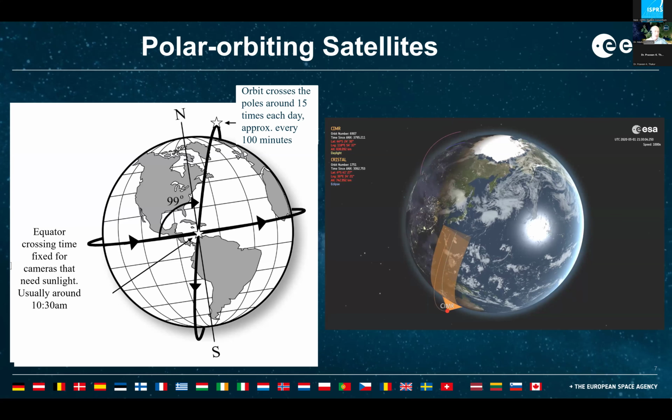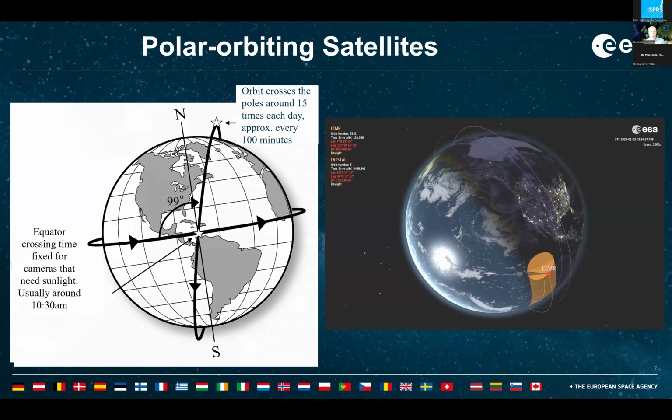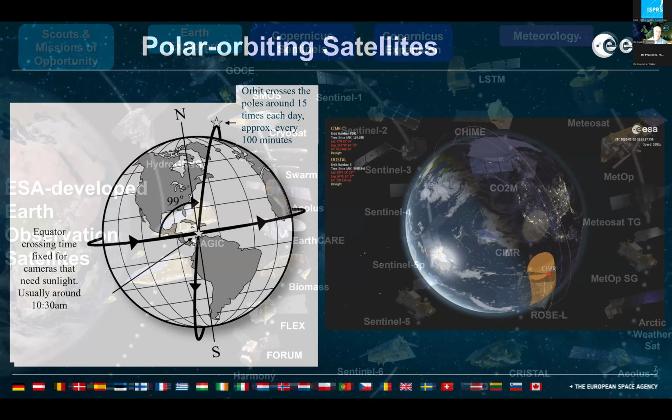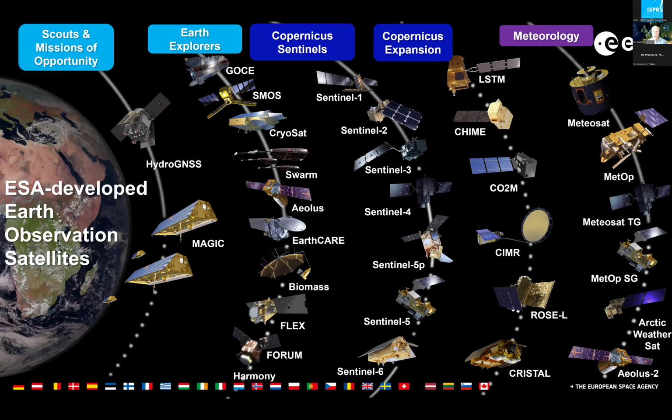But let's just give an overview of our programs, first of all, so that you have an appreciation of the different types of and the array of missions which Dr. Thakur introduced in my bio at the beginning.